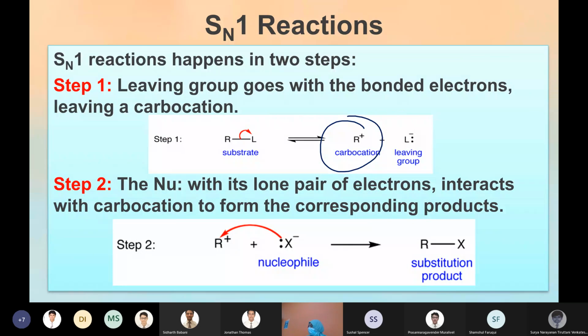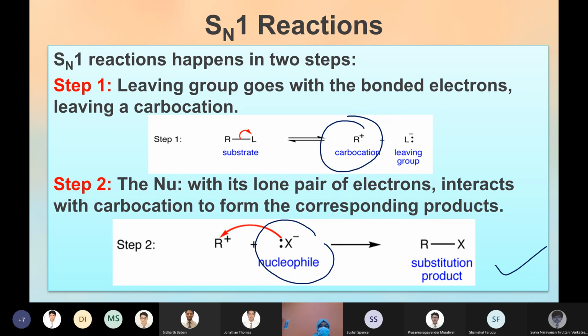In the next step, the nucleophile comes and attacks the carbocation, leading to the product. So it happens in 2 steps. First step, breaking down of the bond and a carbocation is formed. The second step is the carbocation attacked by a nucleophile, giving you the product.